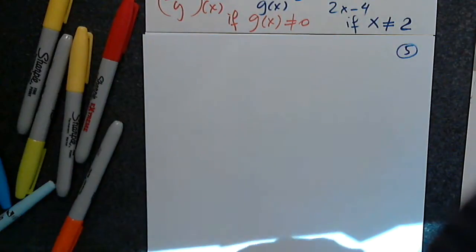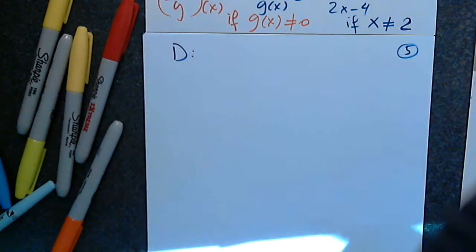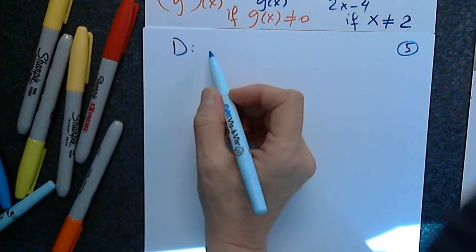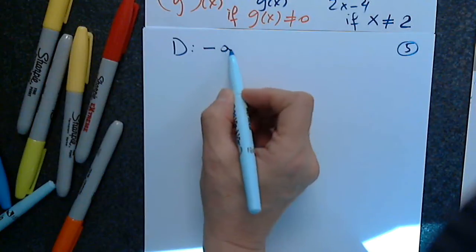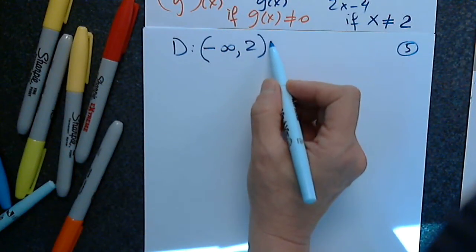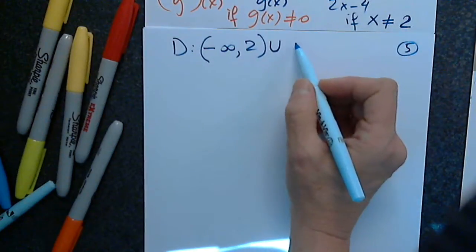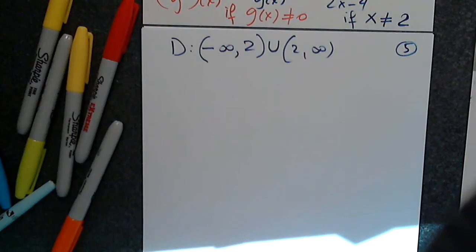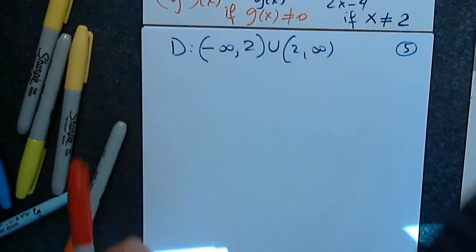So for this function only, I would like to determine the domain. So, this is the domain of the rational function. We cannot plug in 2.